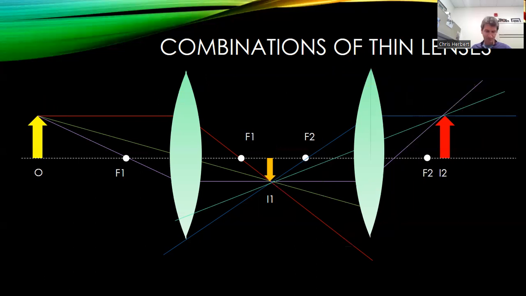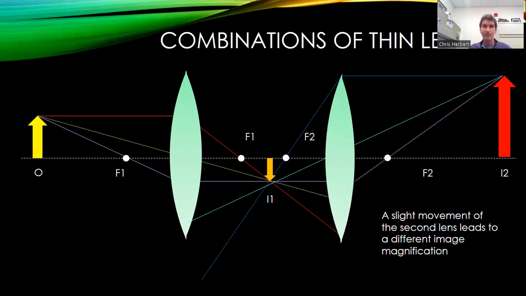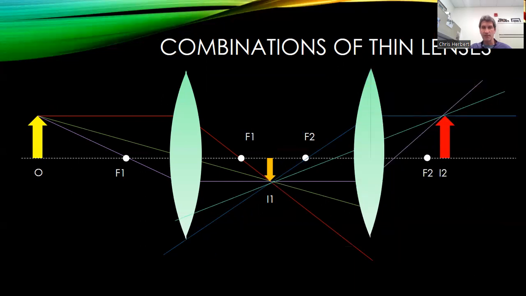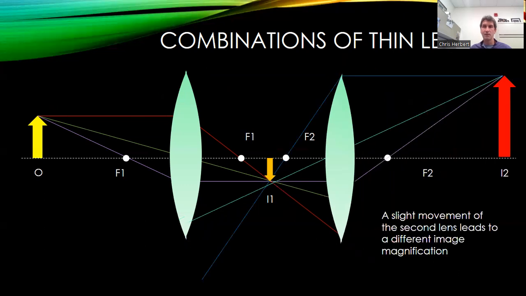That's not going to work. And as you can see, as I change the position of that second lens, my image changes. Holding things fixed, if I move the second lens closer, my image gets bigger and moves further away. If you have a projector, this would be a way of showing, by moving this lens back and forth, how I can focus the image at different distances.